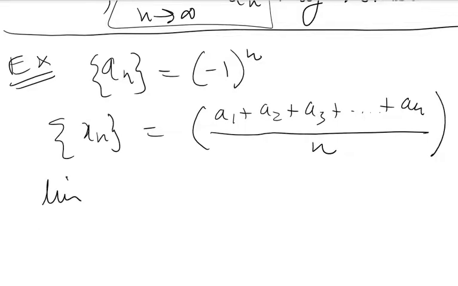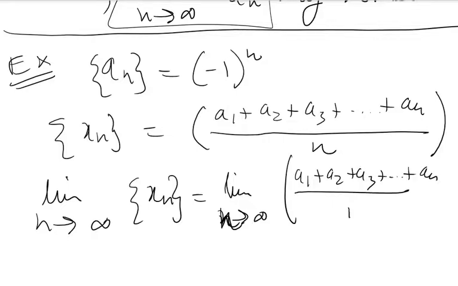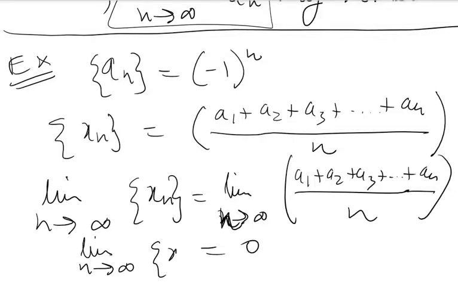If you do limit n tends to infinity xn, you will get limit n tends to infinity of a1 plus a2 plus a3 right on till an, divided by n. Of course, divide anything by infinity, it's 0. So see, limit n tends to infinity xn is 0.